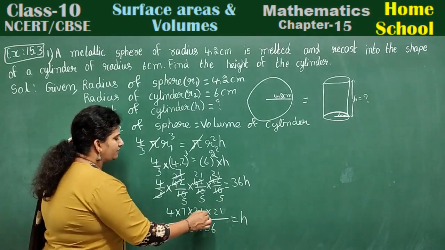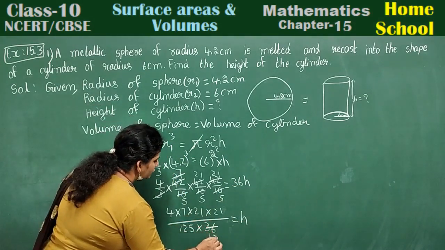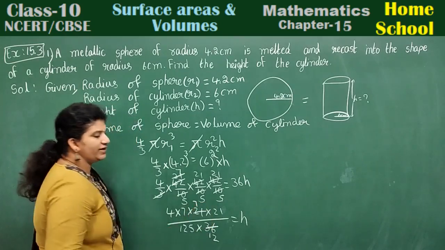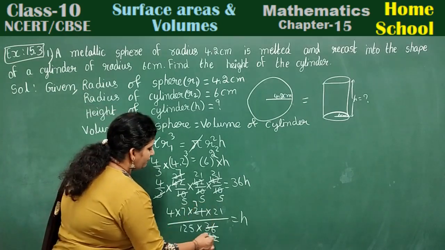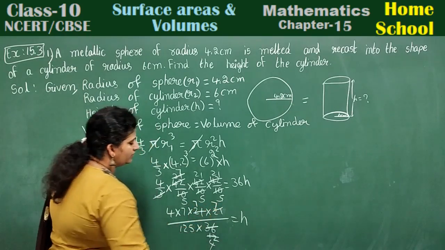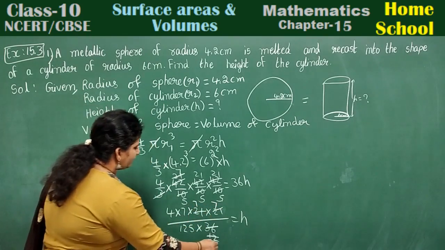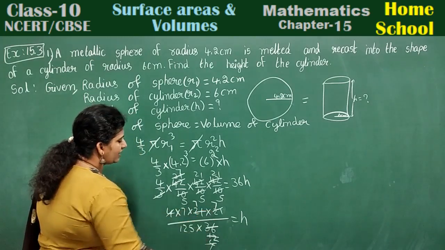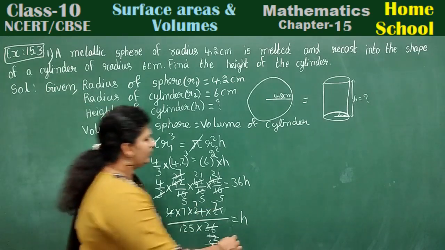Now again, 3 12s are 3 7s are 21. Again, 3 4s are 12, 3 7s are 21. And now this 4 will be cancelled. 7 three times we need to multiply.